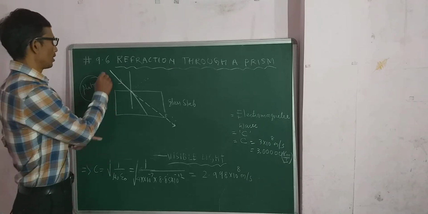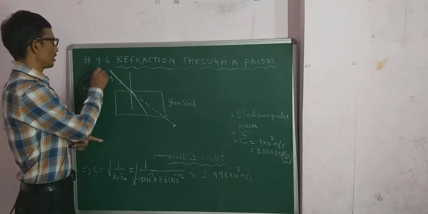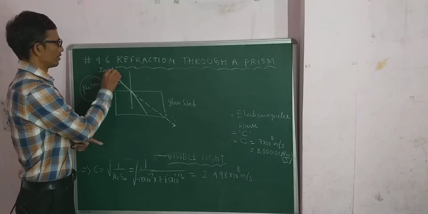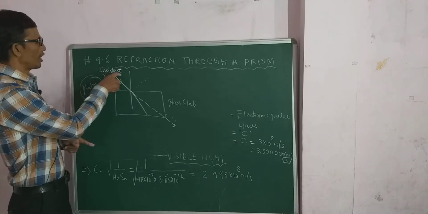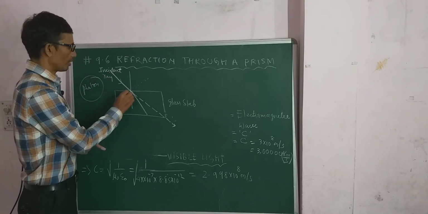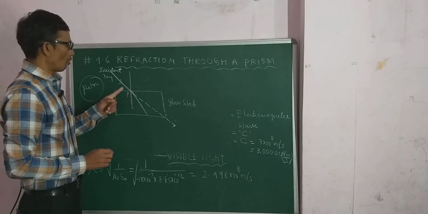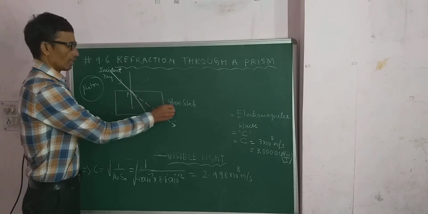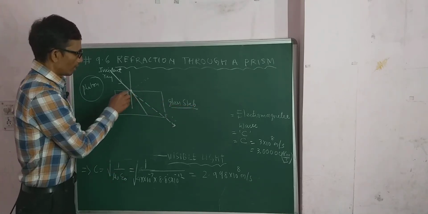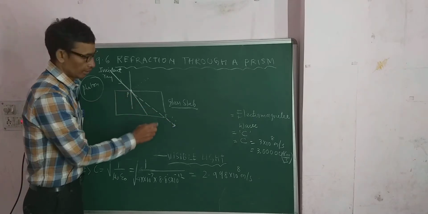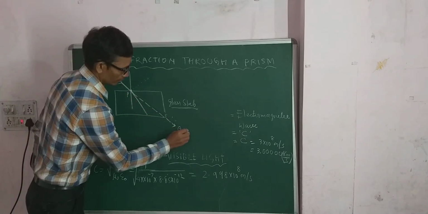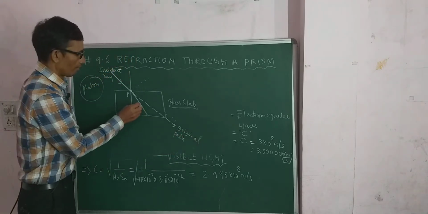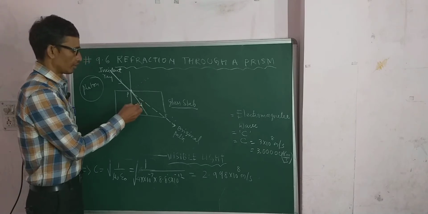The incident ray is incident at a point P. This point is called the point of incidence over the transparent medium, glass, and this is the original path of the incident ray. But it deviates from the original path toward the normal.